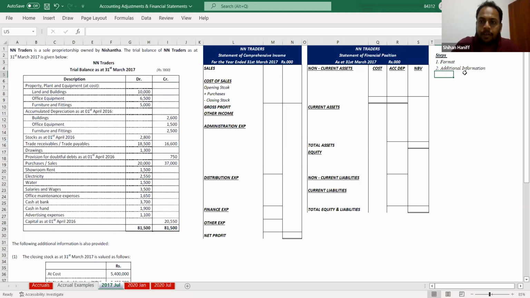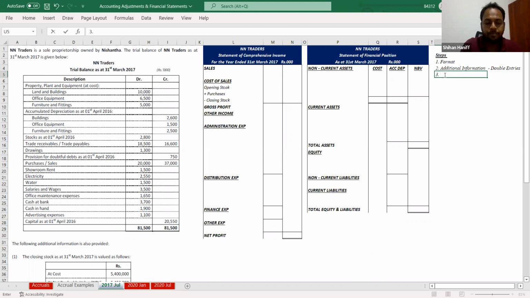That format, then additional information. So additional information, always you have to record the double entries. Additional information, always double entries, 2 entries, because they are the adjustments.